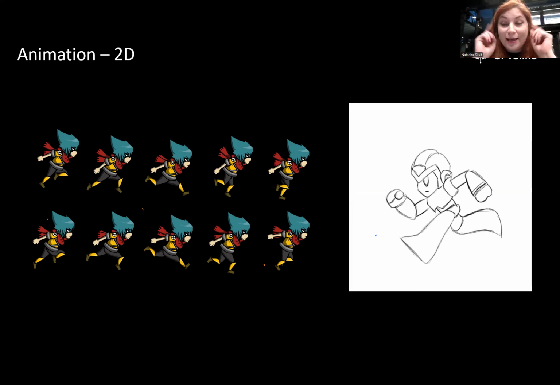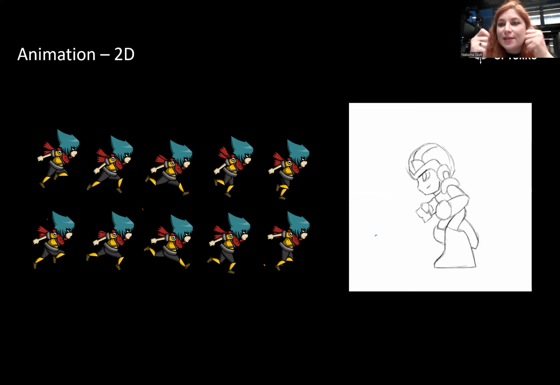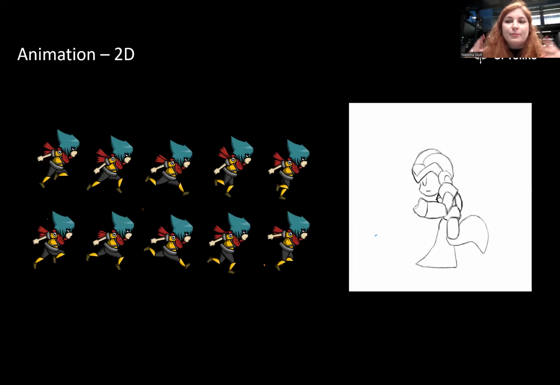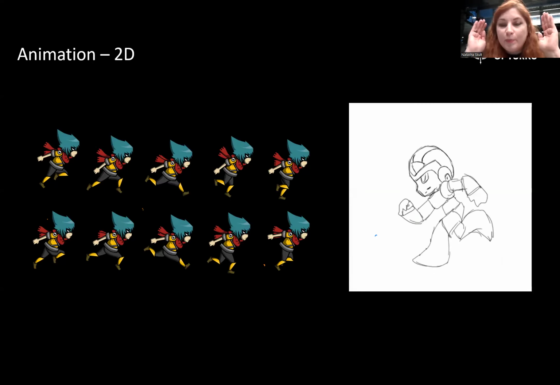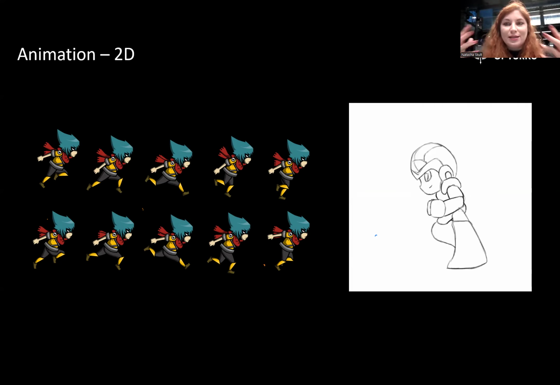Even if you're doing super realistic stuff, give it a bit of something. It can be something on the clothes, something with the hair, or it can play with the shapes within which area something is taking place.